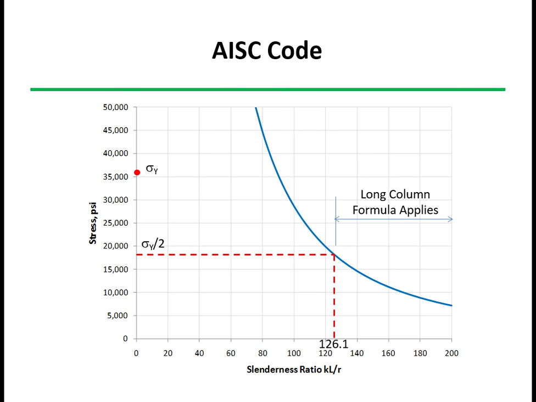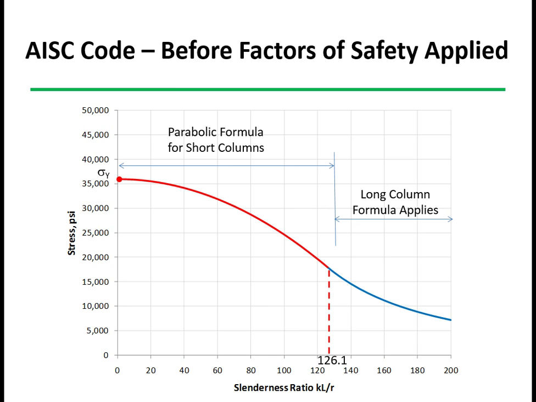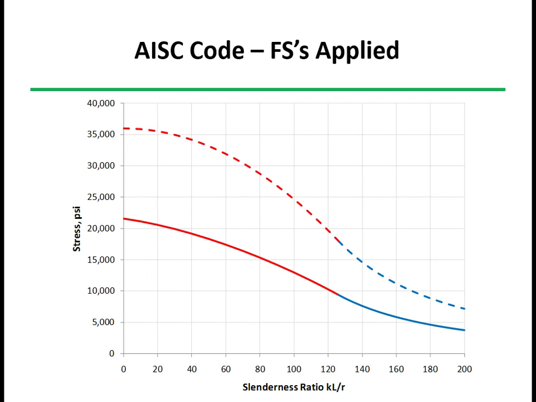So the long column, as we said, the Euler buckling stress applies above that slenderness ratio. And below that slenderness ratio, we have a parabolic curve fit there. So without any factors of safety applied, these are going to be the stresses that are allowed by the AISC code. And now we need to knock those down with the factors of safety.